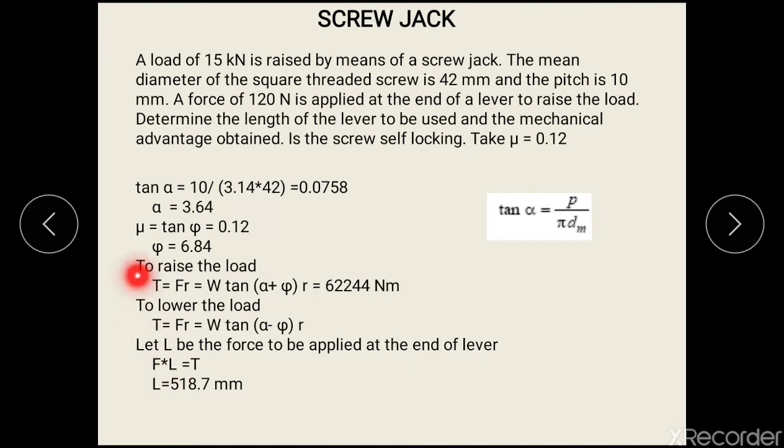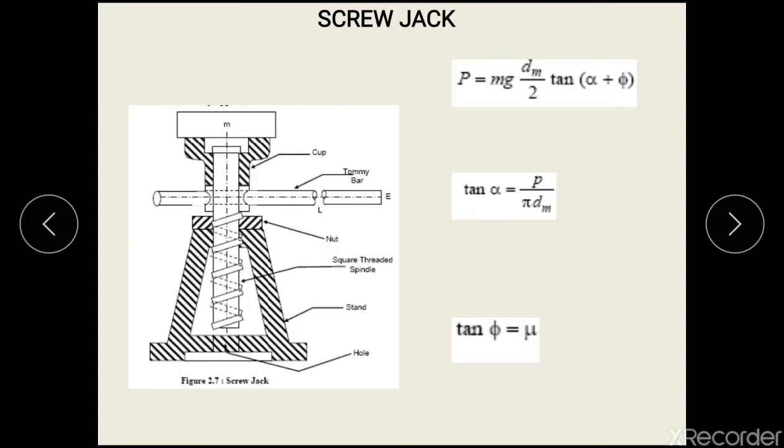Here torque can be found by two methods, or we consider two assumptions. One is to raise the load, another one is to lower the load. We know very well, to raise the load the formula is mg into dm by 2 into tan of alpha plus phi.